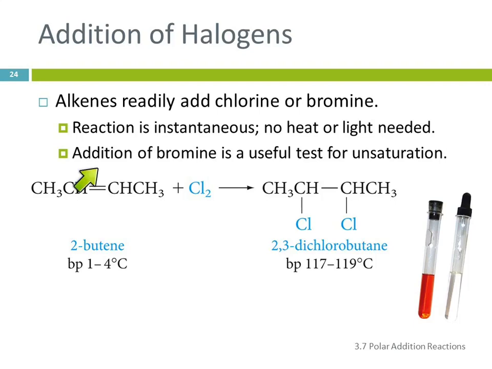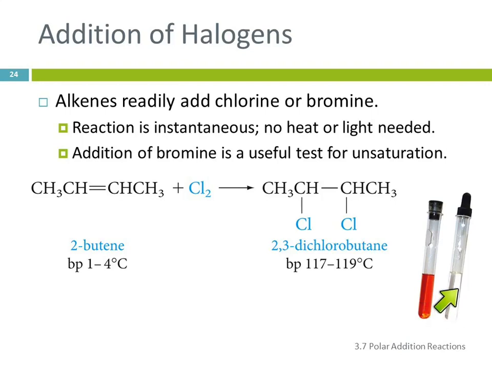An addition reaction of bromine is actually a useful test for unsaturation. Unsaturation means that there's going to be a double or triple bond. So this little picture here, bromine has kind of a reddish brown color, and if you add bromine to a saturated compound, one that doesn't have any double bonds, you can still see the color of the bromine in the solution.